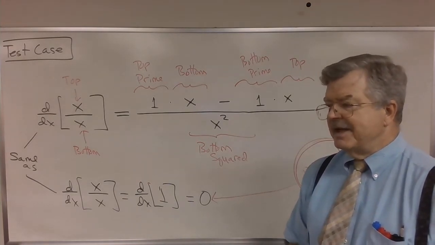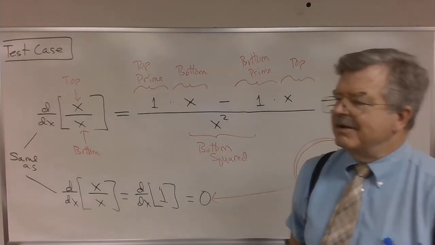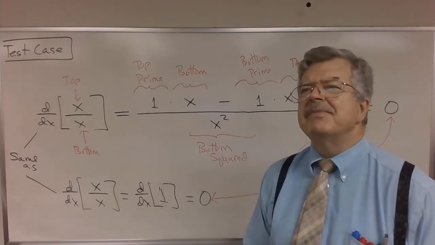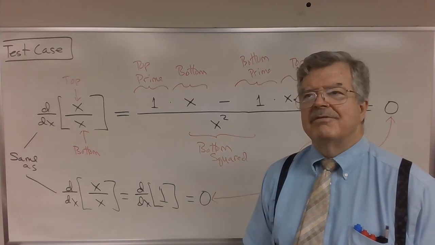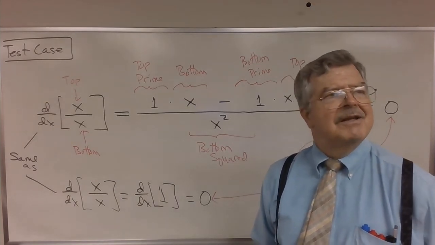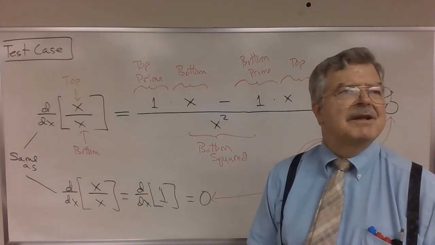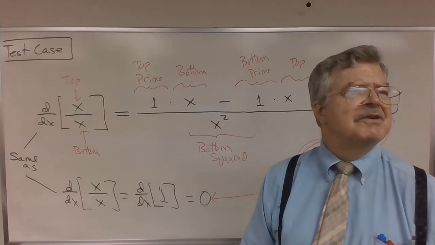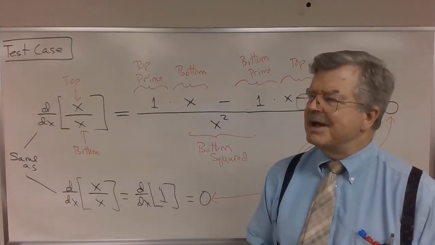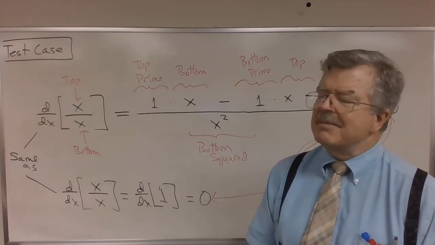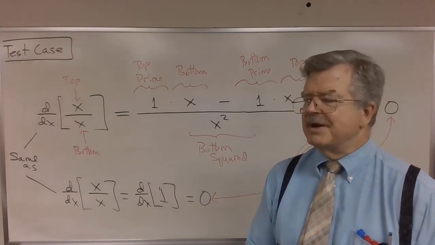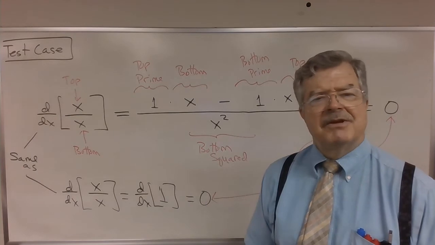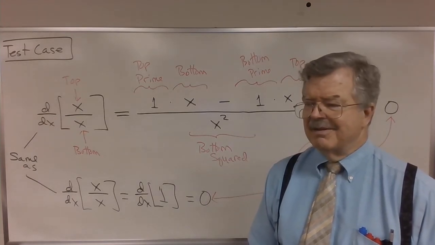Yeah, when I finally became a good student and I was taking Calculus 1 for the 3rd time, I walked all over campus saying things like first prime times second plus second prime times first, and top prime times bottom minus bottom prime times the top all over the bottom squared. Yeah, people must have thought I was nuts.